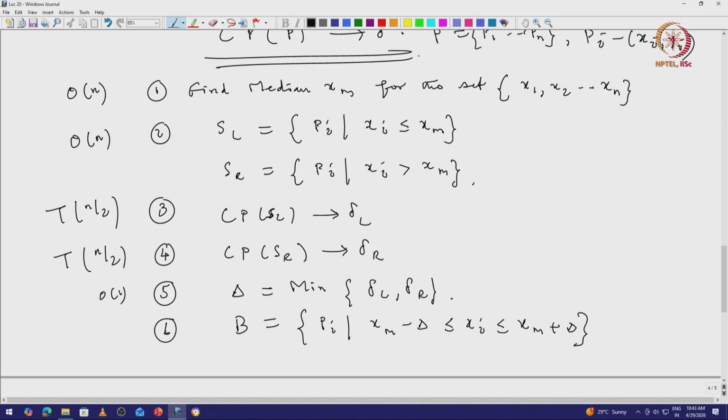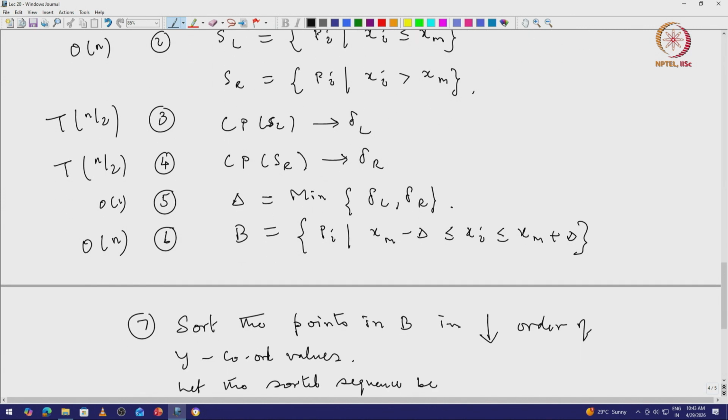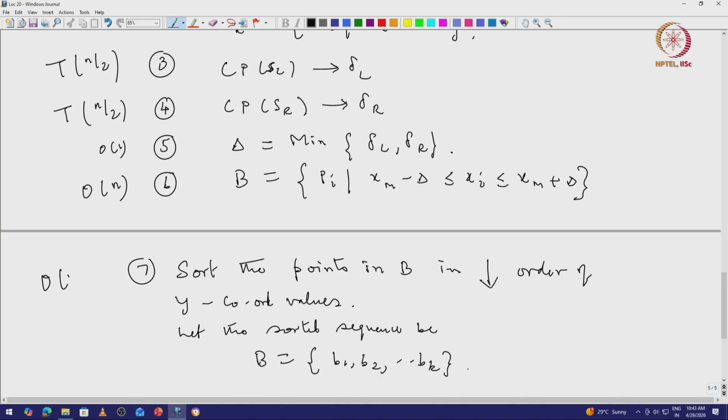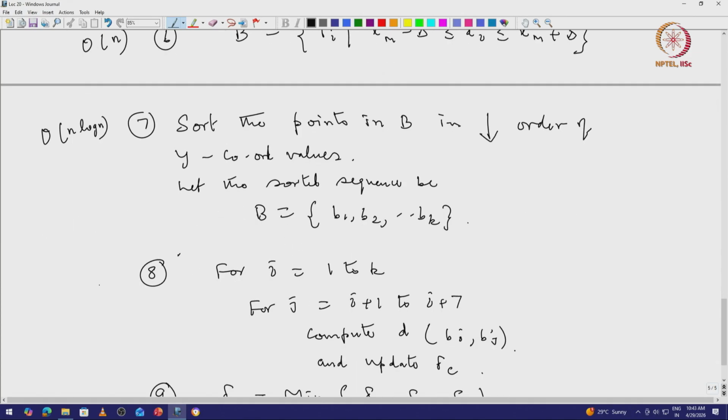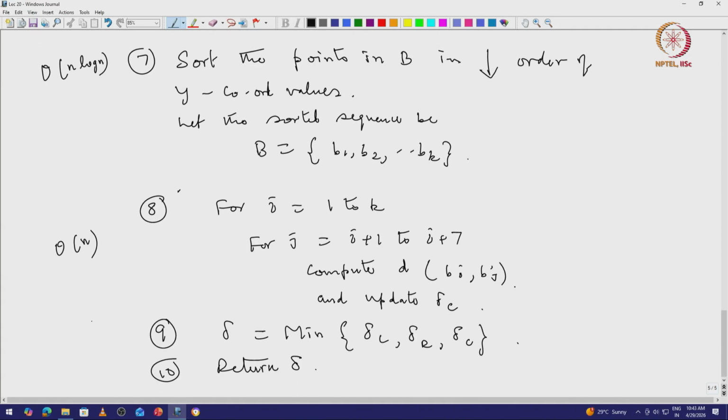Now this is order n: each point you compare with xm minus delta and xm plus delta. If it is in the range, put in B, otherwise ignore. So you can build B in order n time. Sorting is order n log n, and this step is order n, as we have seen, for each point 7 distance computations, and this is order 1. So everything is order n, with one n log n step.